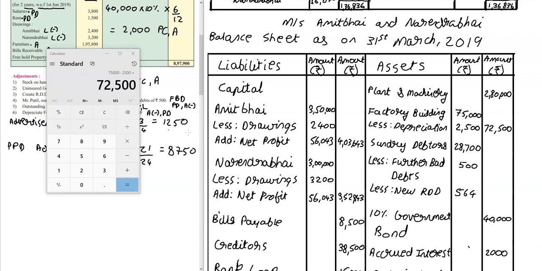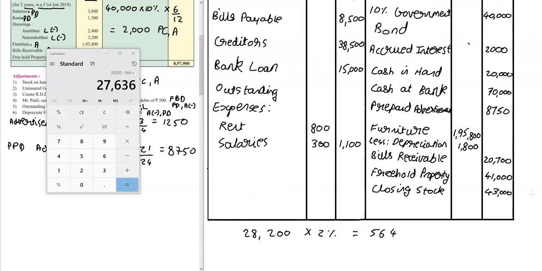Similarly, we have 28,700 minus 500 minus 564, which gives us 27,636. And one last calculation. I think it's fairly easy looking at it, we can do. And we'll end up with 1,94,000 in the outer column.